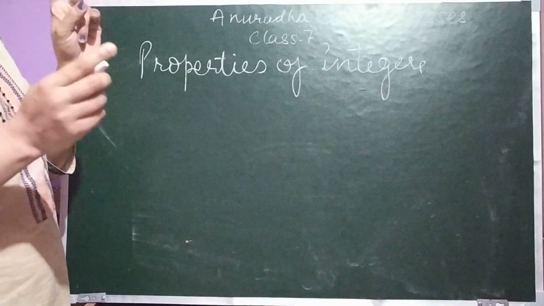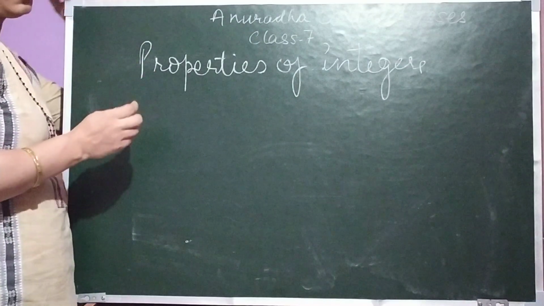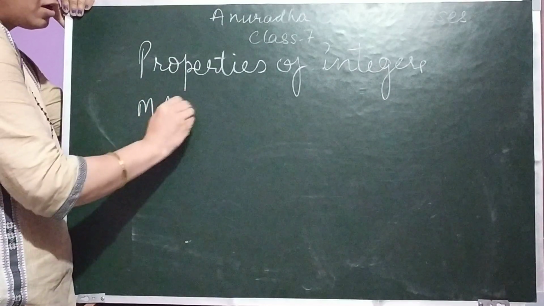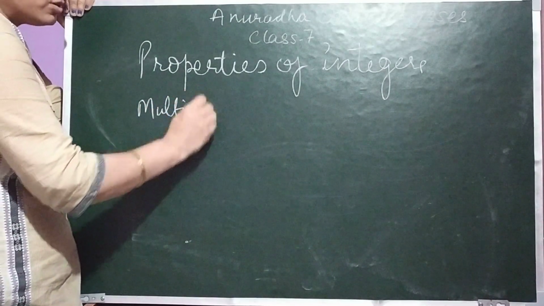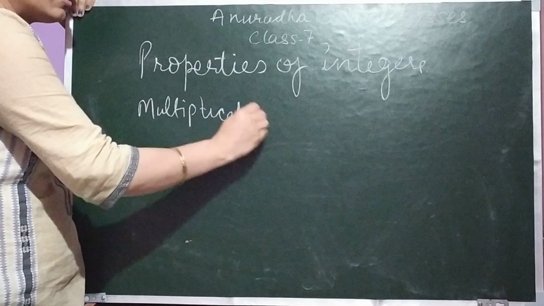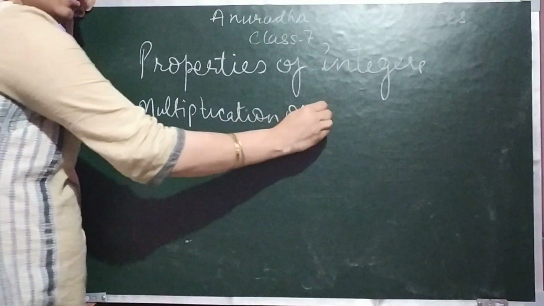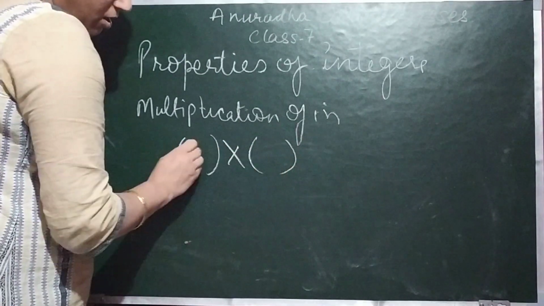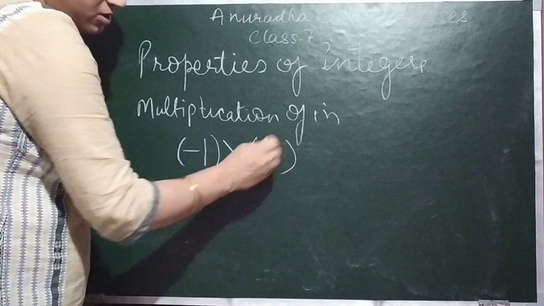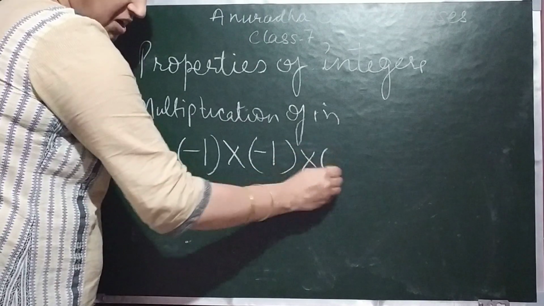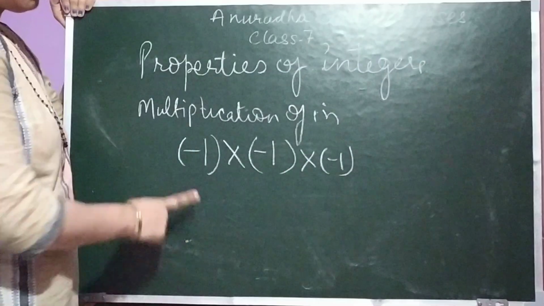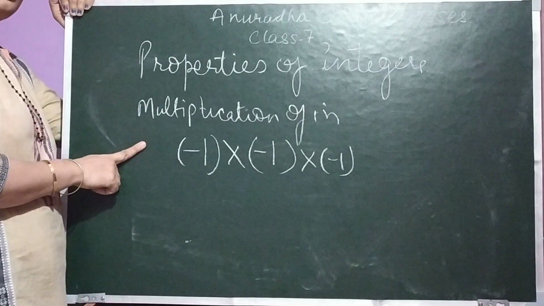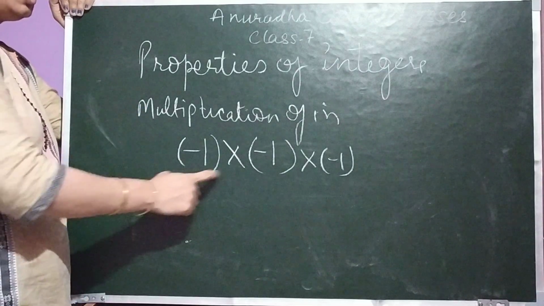Okay, before that, 2 main points I just want to tell you, that in multiplication of integers, if we are having minus 1 into minus 1 into minus 1, it means we multiply integers 3 times.